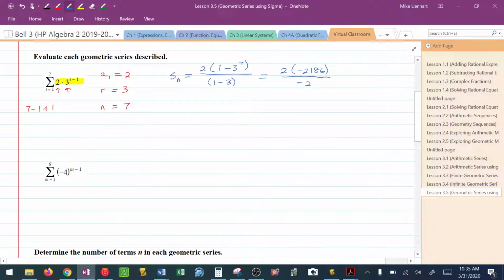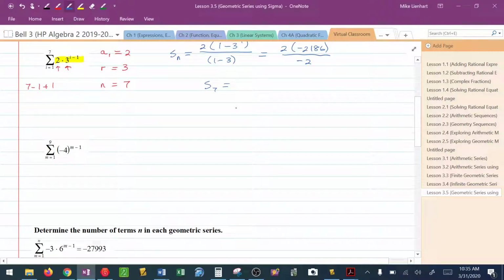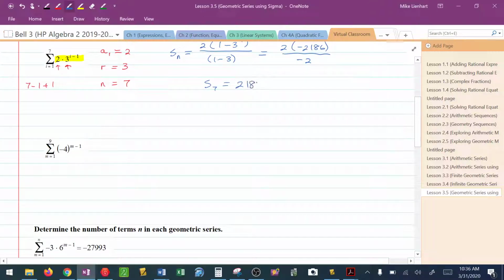We're going to divide that by negative 2. The 2's are going to cancel and the negatives are going to cancel. I shouldn't have written S sub n there; I should have written S sub 7. The sum of these 7 terms is 2186.